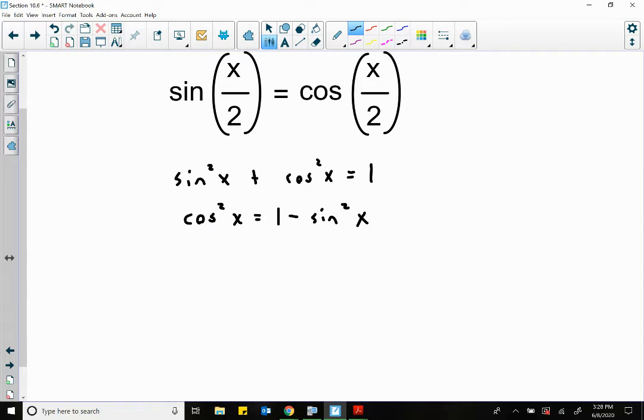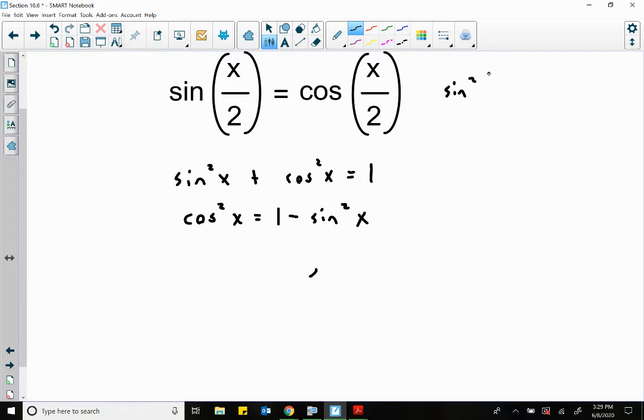So if you go and look at this, we can now do a little bit of exchanging. So please know that this is also the same thing.